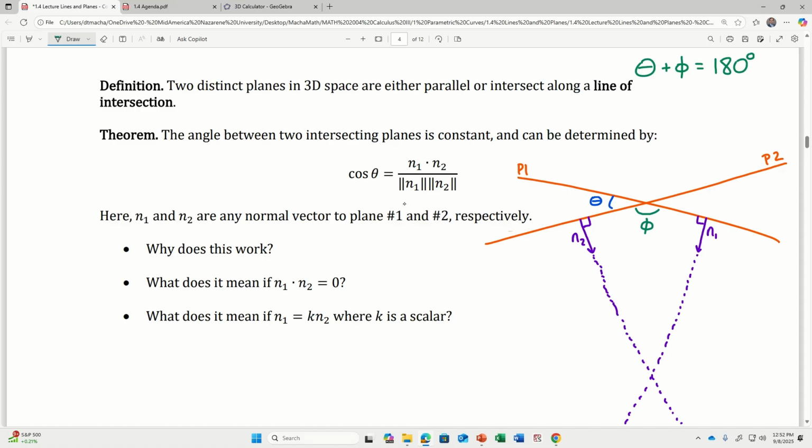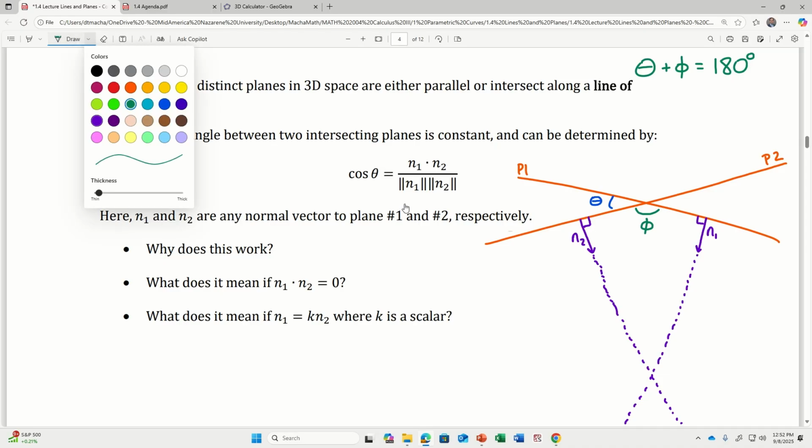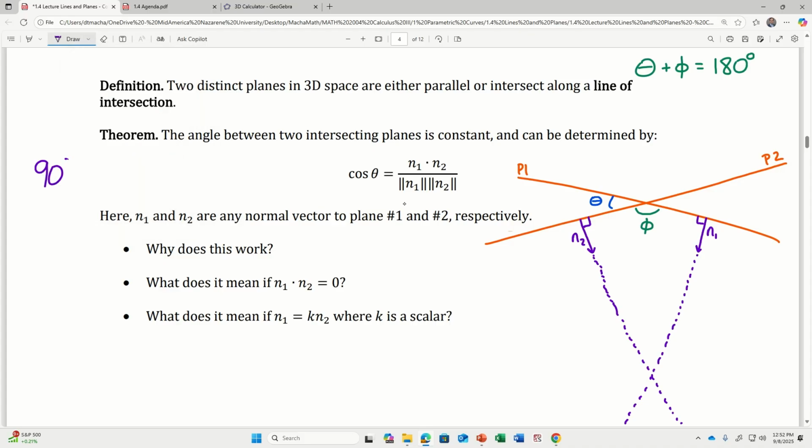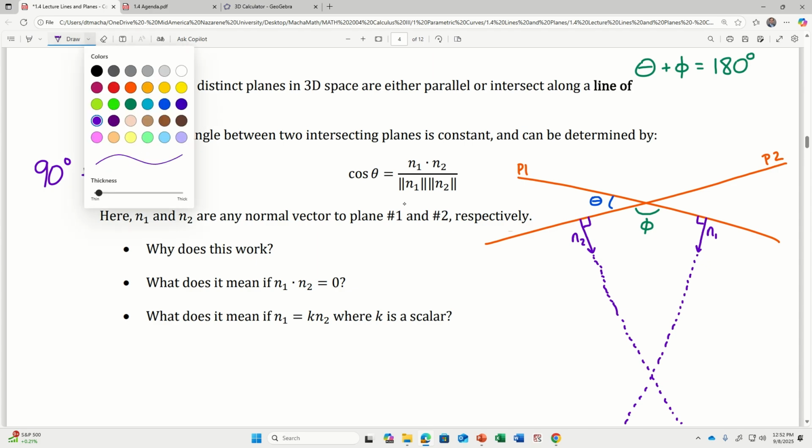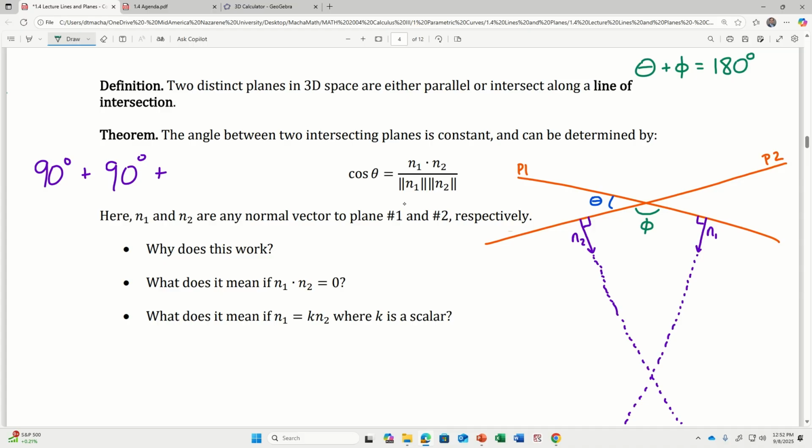And what I've just enclosed here between these orange line segments and the purple dotted line segments is a quadrilateral. The interior angles of a quadrilateral have to add up to 360. So I've got a 90-degree angle because of the normal vector, another 90-degree angle because of the normal vector, plus I have the angle phi inside that quadrilateral.